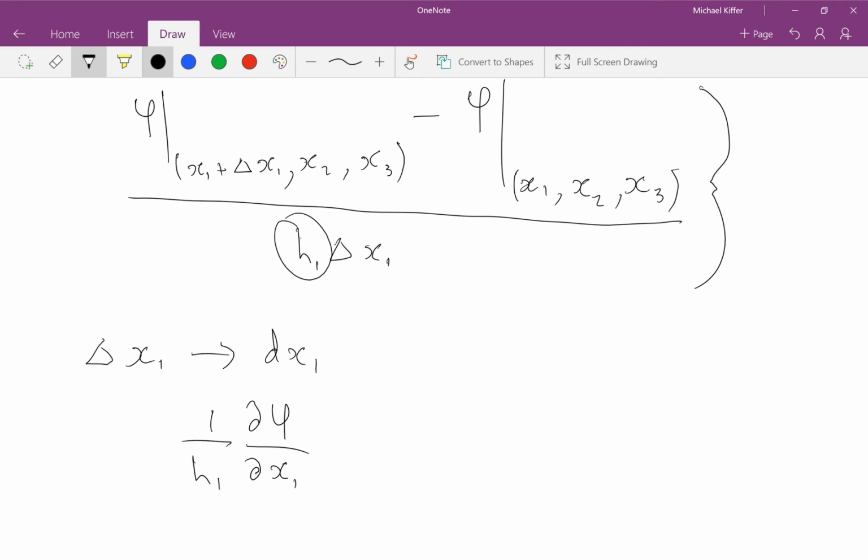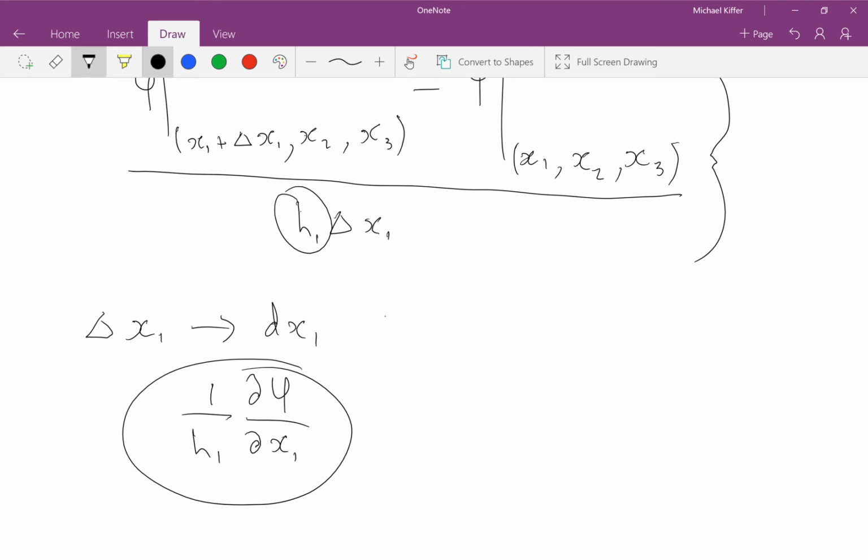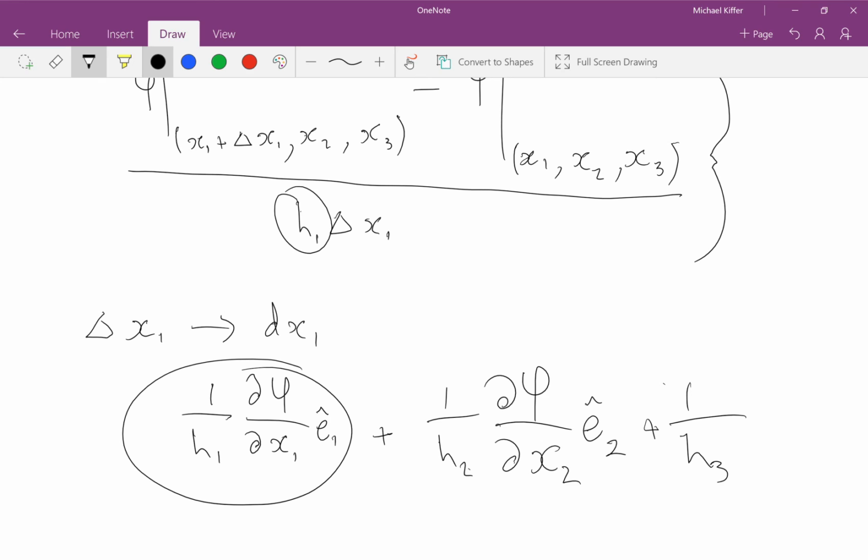x1, x2, and x3, and we'll end up with a vector that we are looking for. So this term right here is a vector pointing in the e1 direction. We'll also get 1 on h2 del phi del x2 pointing in the e2 direction plus 1 on h3 del phi del x3 pointing in the e3 direction.